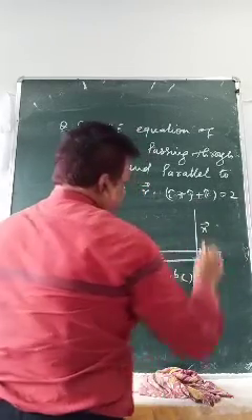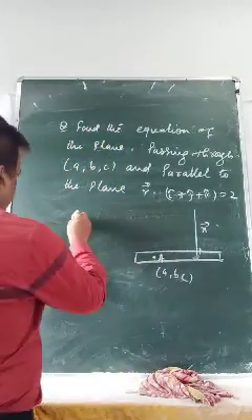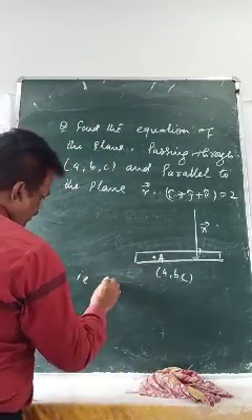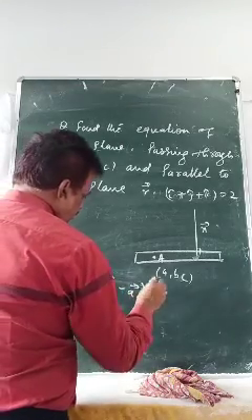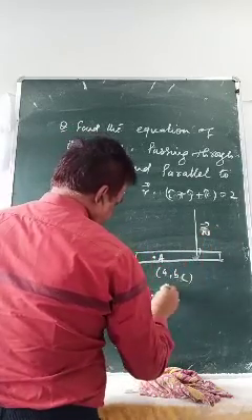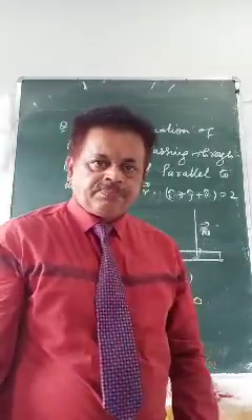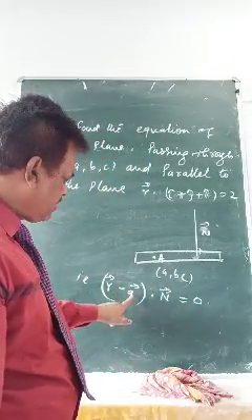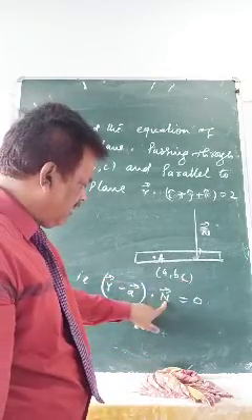A vector should be there. If you write the vector form, that is r minus a vector dot n equals 0. This is the vector form I have told you. Here a means the point ai plus bj plus ck.